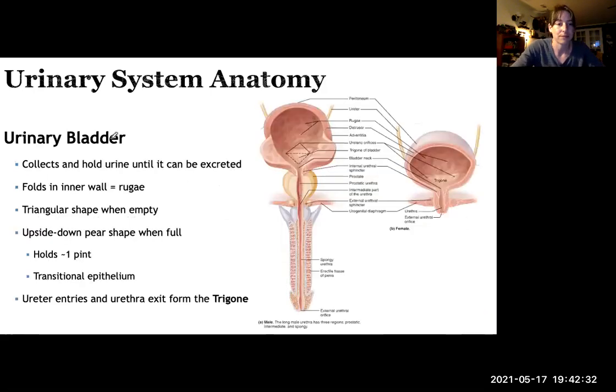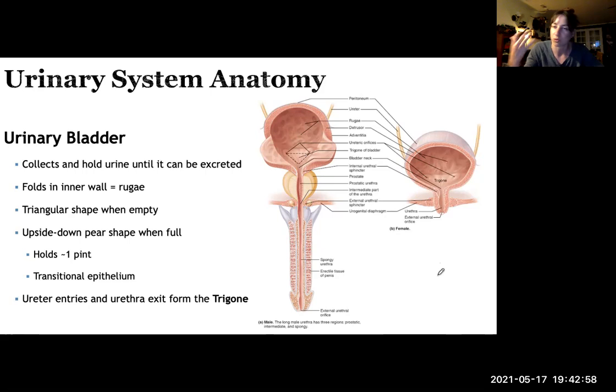Okay. The bladder itself is a really cool organ. We're finally talking about it after all of these weeks and months after we talked about histology back in Bio 50A, when we talked about the specific type of epithelial tissue that is the mucosa of the bladder. So the inside walls of the bladder are folded.